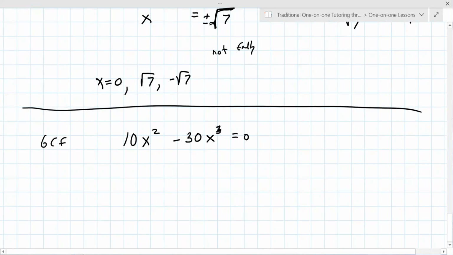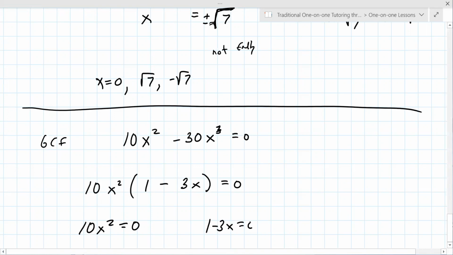So then you can divide that all by 10x squared, my bad. Which then just gives you 1 minus 3x equals 0. Okay. And then 10x squared equals 0, and then 1 minus 3x equals 0.